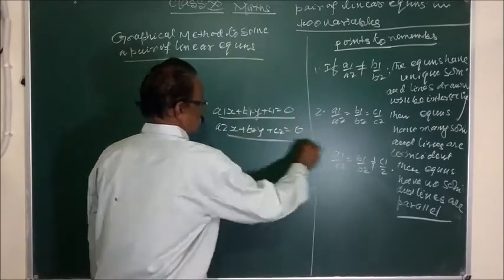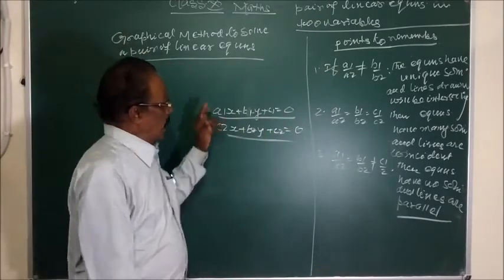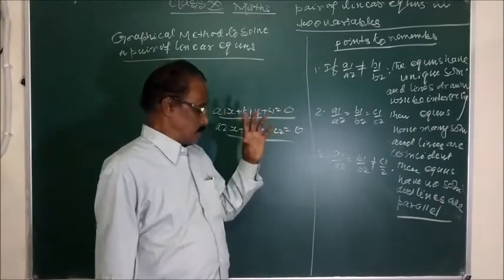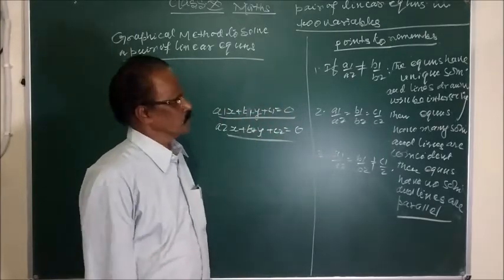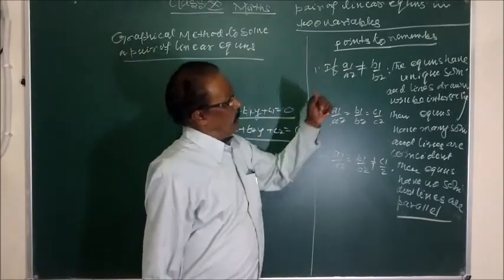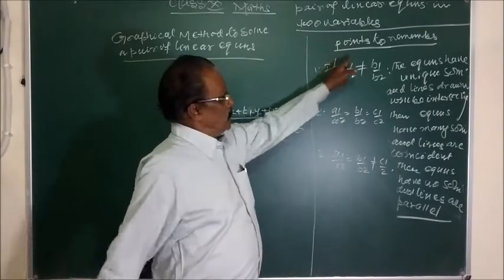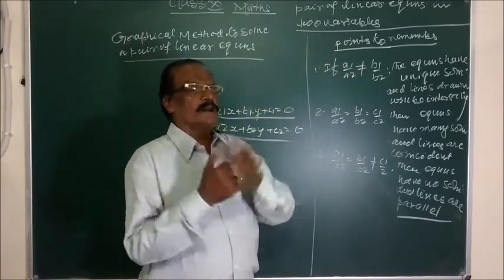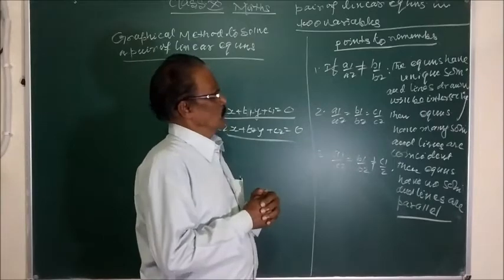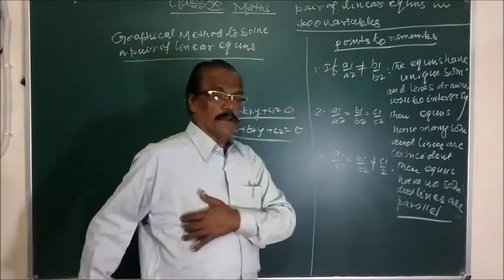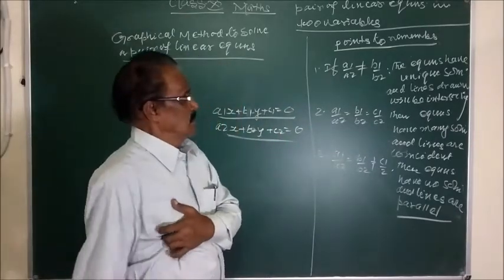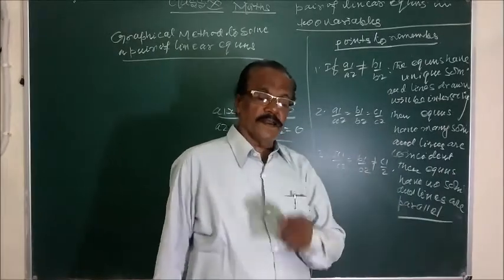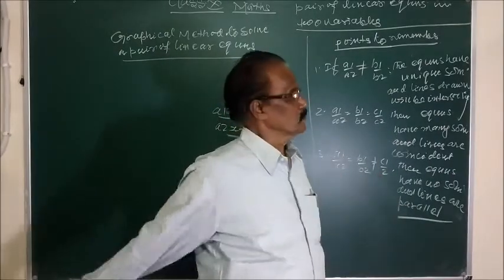So these are two general forms, and with the help of this type of equation, you can find that if A1 by A2 is not equal to B1 by B2, the graphical representation will be intersecting lines.